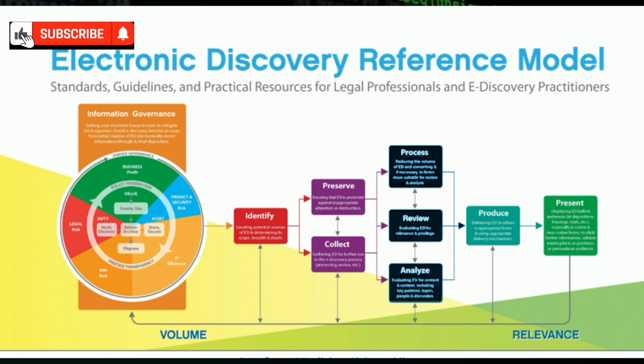This ties all the way back to data integrity, right? So we are focused on that. Then the collection phase or step has to do with gathering all of the required information that's going to be used as a part of the forensic e-discovery process.